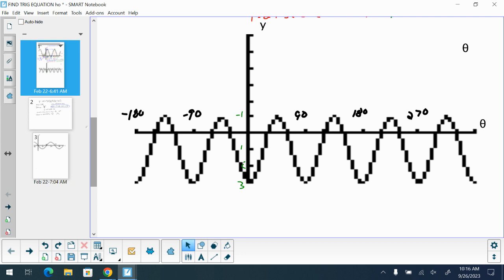Okay, and once again, you're trying to find 4 tidbits of information, or 5 really. You have amplitude, period, vertical, horizontal phase shift. So you still are dealing with the same values that you worked with before.